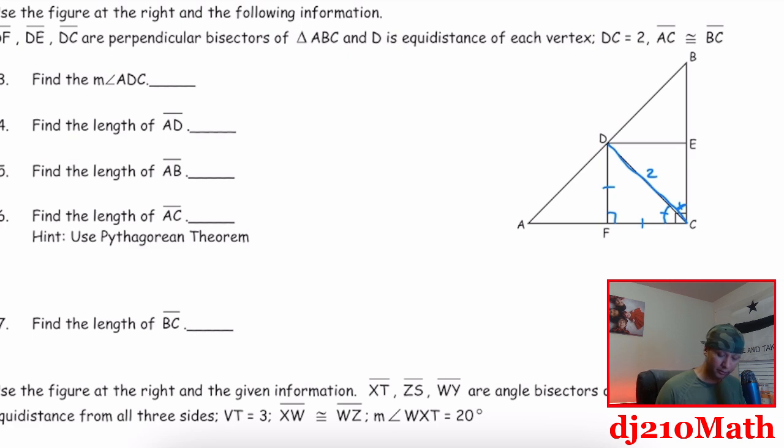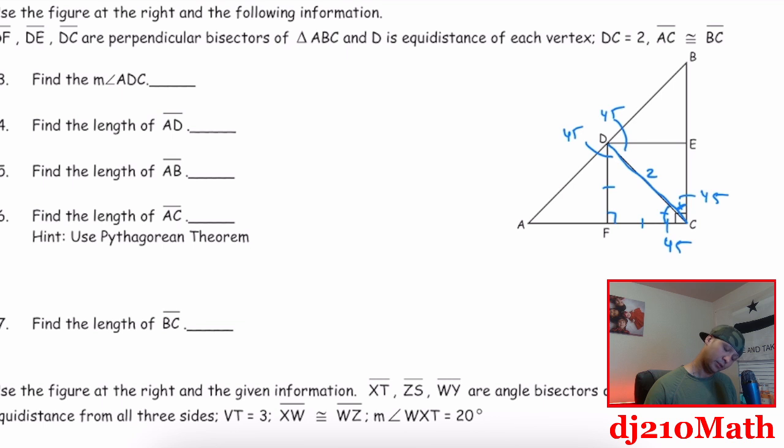And it's a 90-degree angle, so each of these is 45. That's actually pretty nice. And because this is 90, there's a lot of symmetry happening right now.